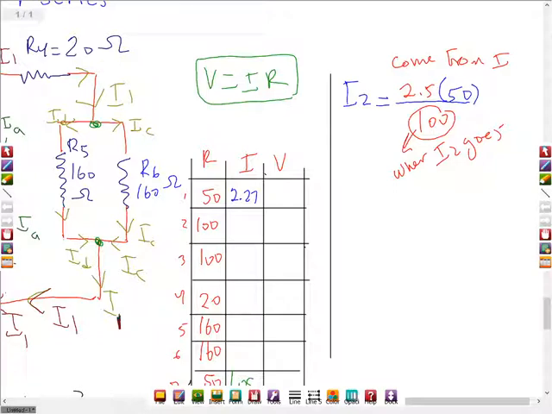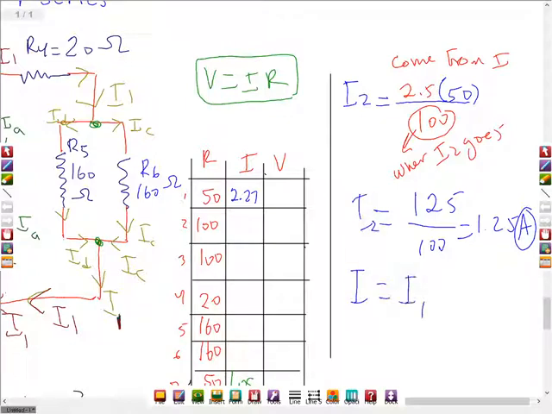Okay. Multiply this by this. 125 over 100. 1.25 amperes. Good. This is I2. Now, we know I equals I1 plus I2.